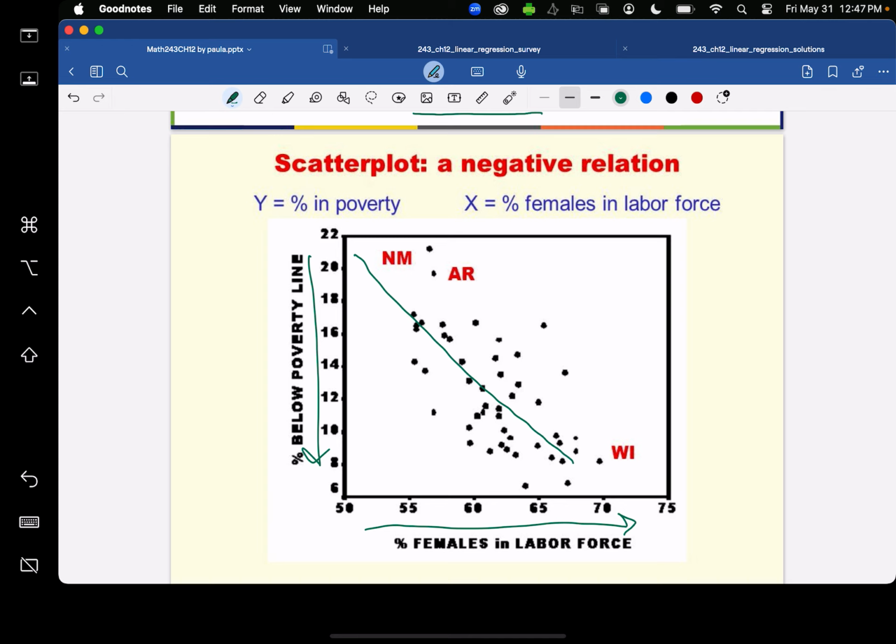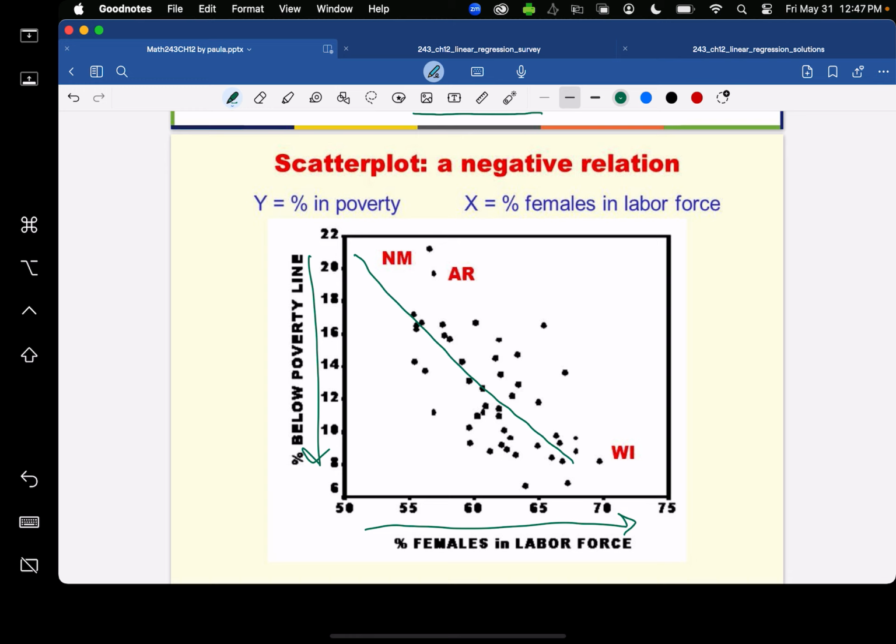So let's think about this. As the percentage of females in the labor force increases, poverty decreases. The percent of people below the poverty line decreases. So ideally, we want to have a low percentage of people who are living below the poverty line.